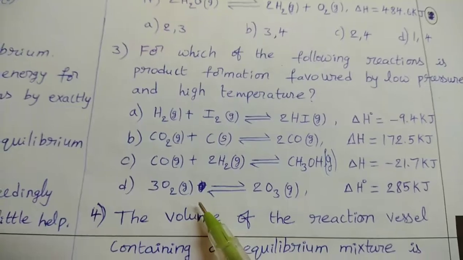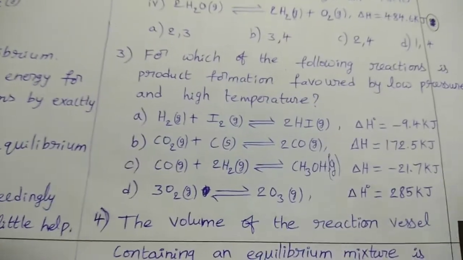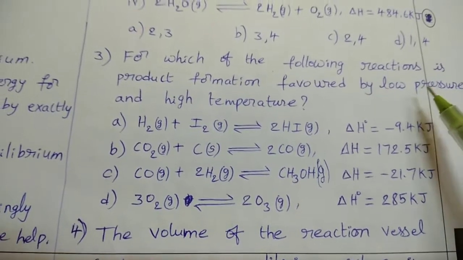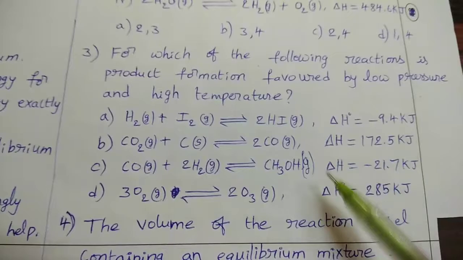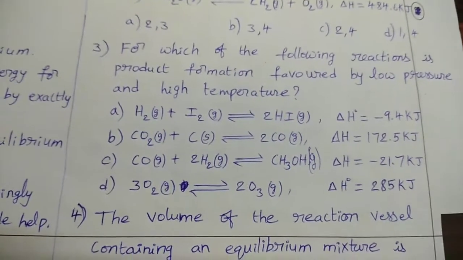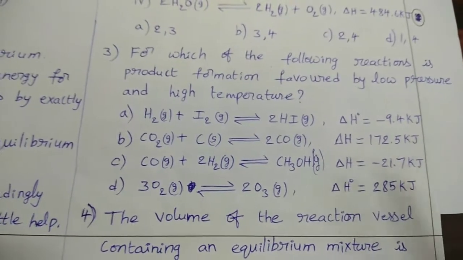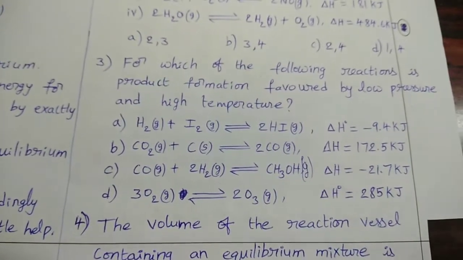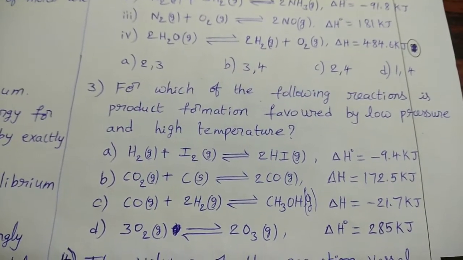So low pressure, high temperature. High temperature means endothermic. So A and C are not the answers for this question. We can say confidently A and C are not the answers because these two are exothermic reactions. High temperature is not favorable for exothermic.